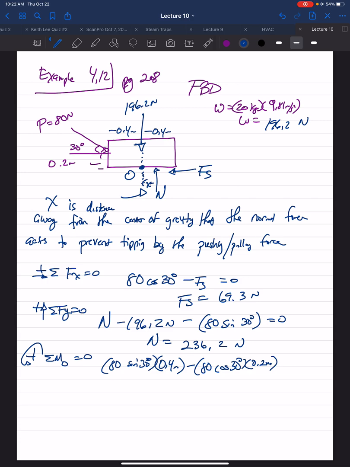The point O is along the center of gravity or the center line. So the weight does not cause a moment about O, but the normal force does. And if we assume it operates to the right of the point O, then it will create a counterclockwise positive moment. And we calculate that normal force to be times some distance x.